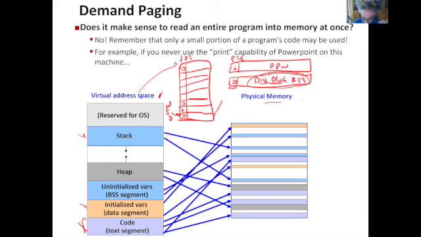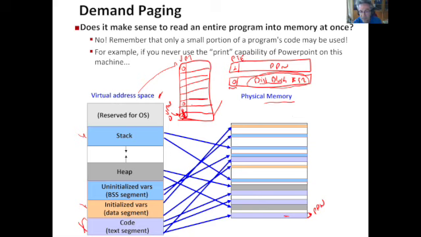Maybe you allocate a PPN here, you bring this block into this location, and after that you update your page table entry. And after this, instead of 0, I will have 1 here. So this goes as such.